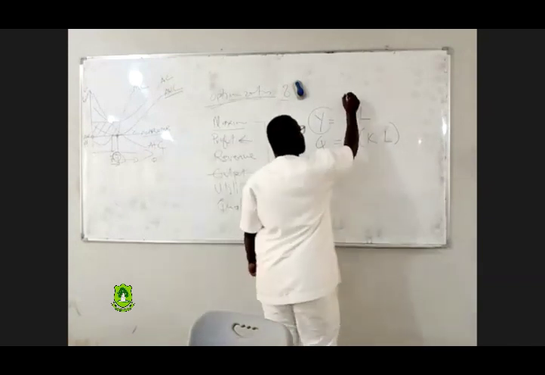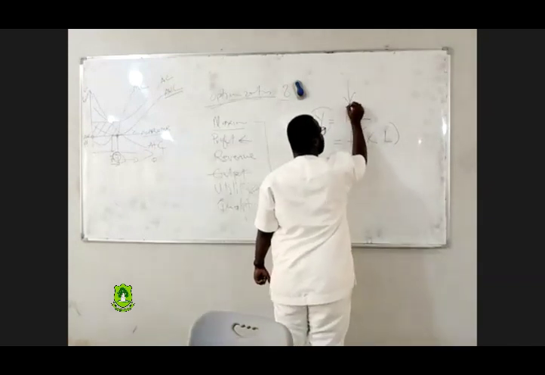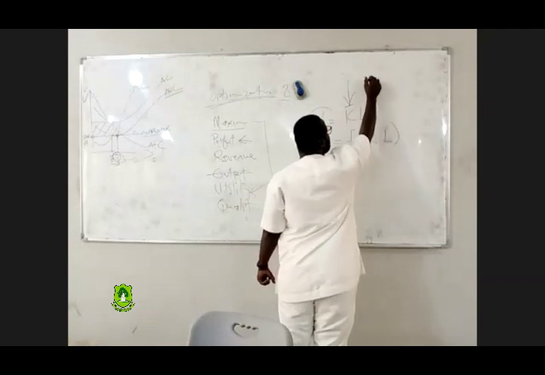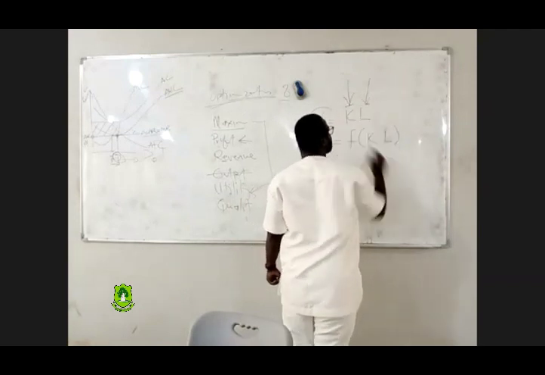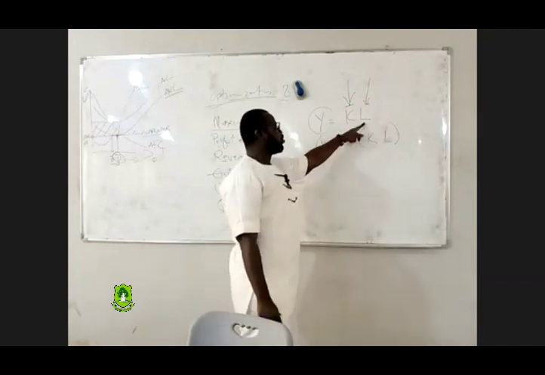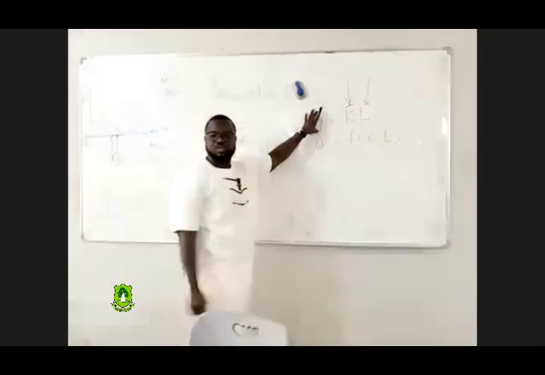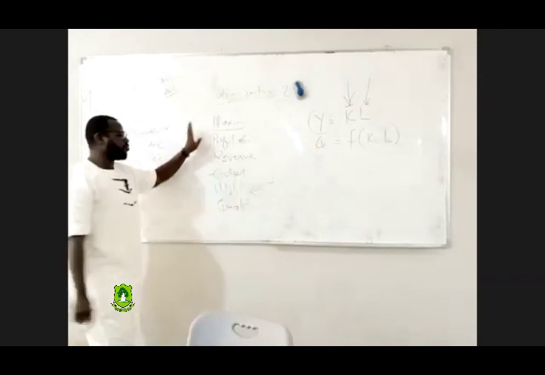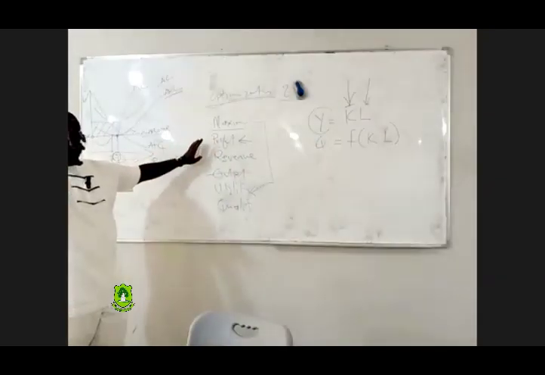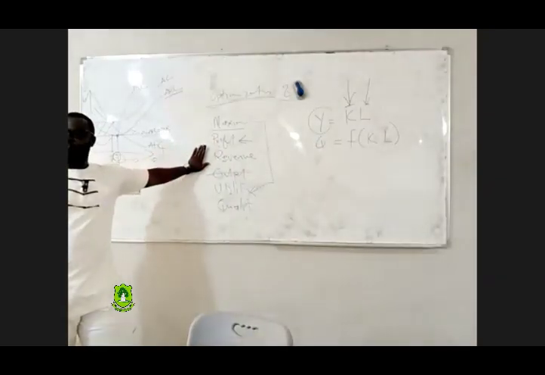So how much capital should I employ, or how many machines should I set up, and how many workers should I employ? The combination of these two will give you a particular output level that will maximize either profit or revenue. I hope we are making some progress.